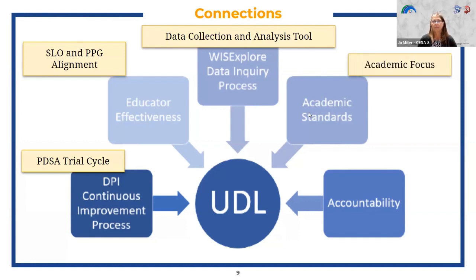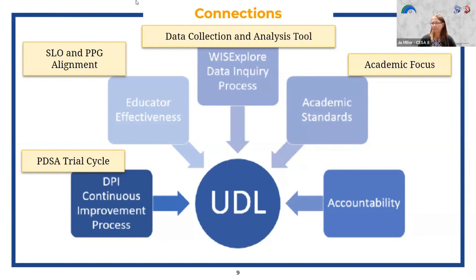The work that we do with academic standards and observations of students when we apply UDL practices is really leveraging our state standards. And so we found that teams can really anchor their work in specific standards and use those standards to monitor student response to practices. And finally, we know we have state and federal accountability in Wisconsin.